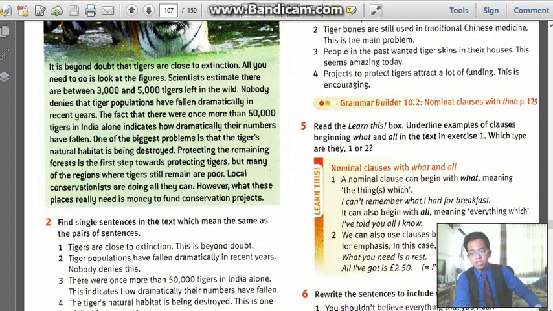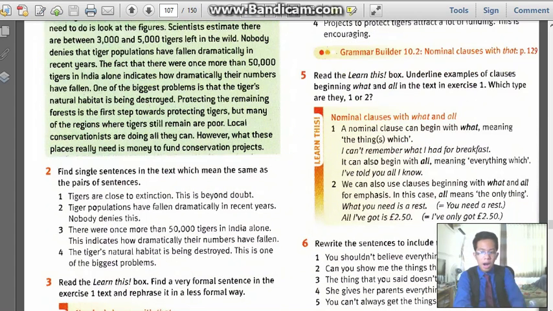Now let's go to number 4. The tiger's natural habitat is being destroyed. This is one of the biggest problems. The sentence follows the previous one.